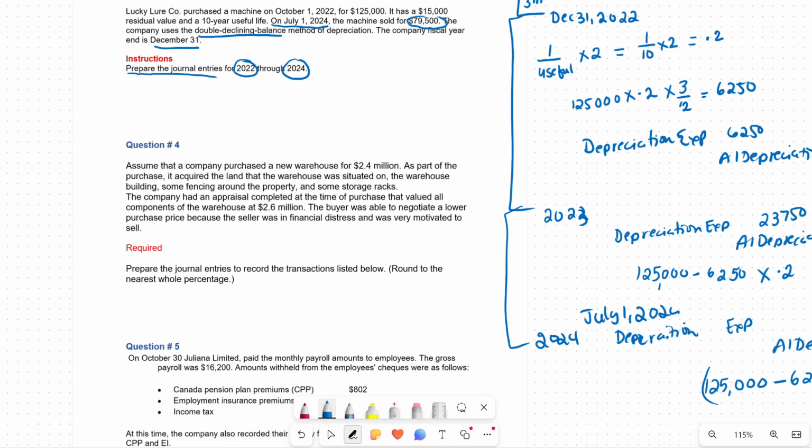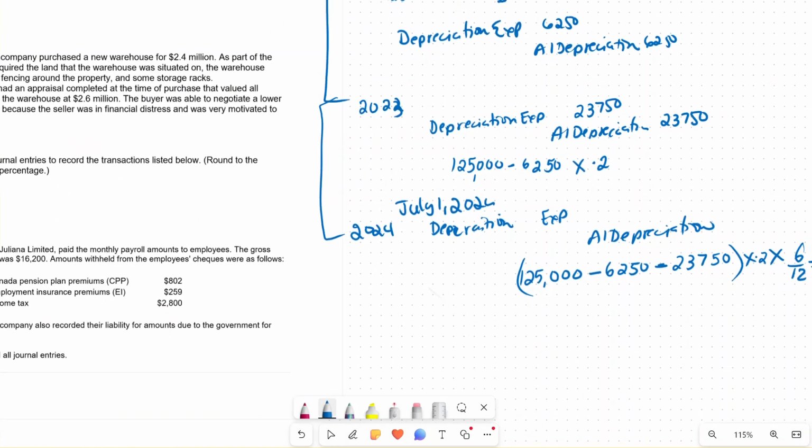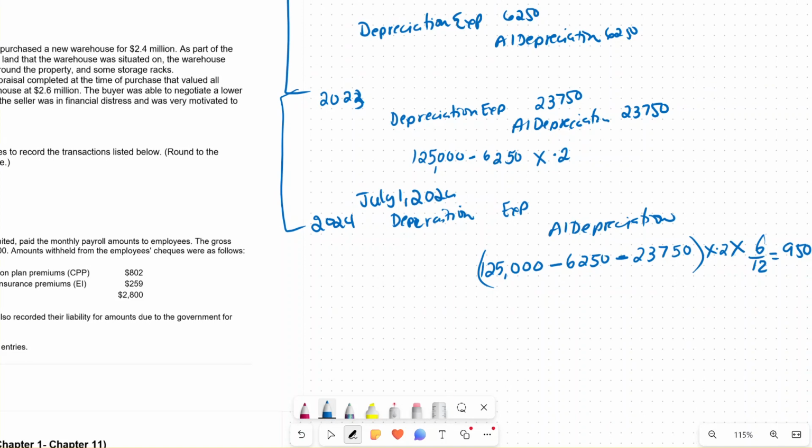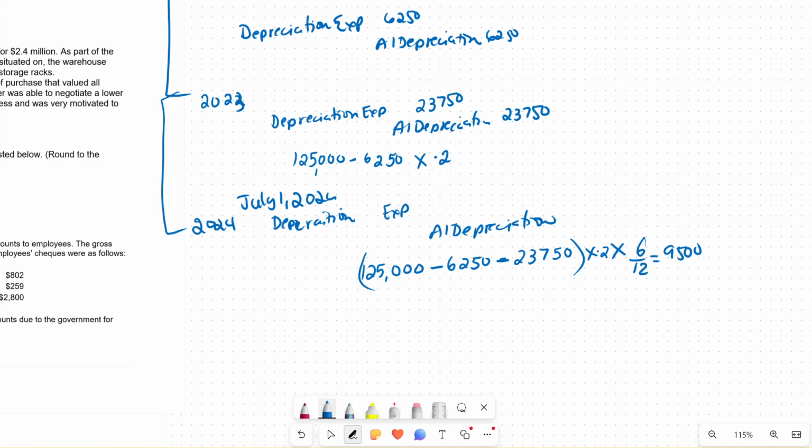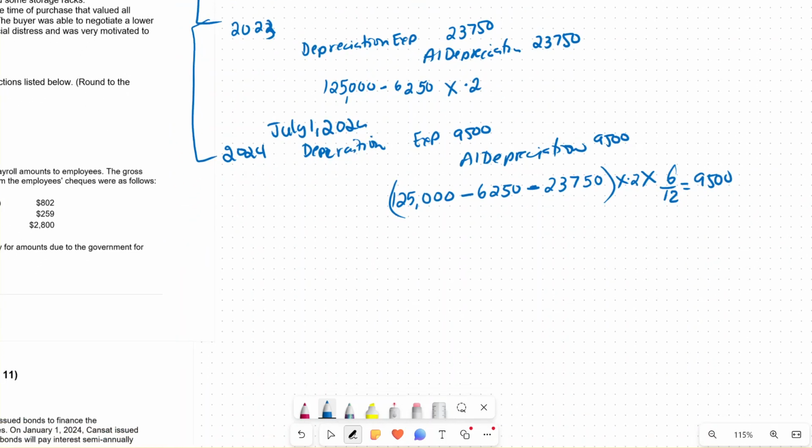Now they can also ask you to do an entry for the sale. If they sold it for 79,500, you want to know, do we have a gain or a loss? If you wanted to do extra, even though the question didn't ask for it, when you sell it, you need to look at the net book value of your asset.